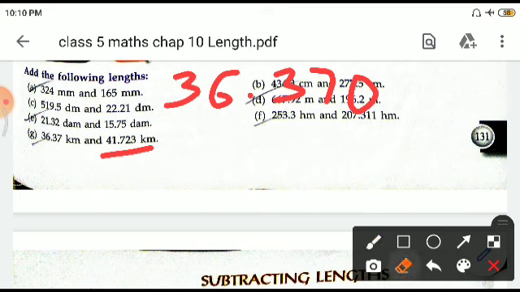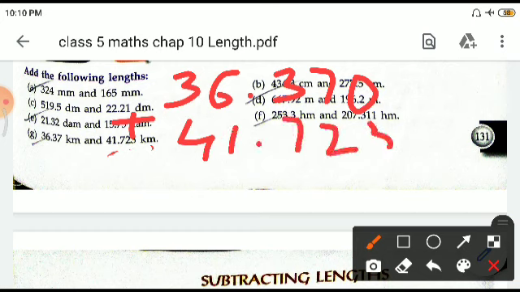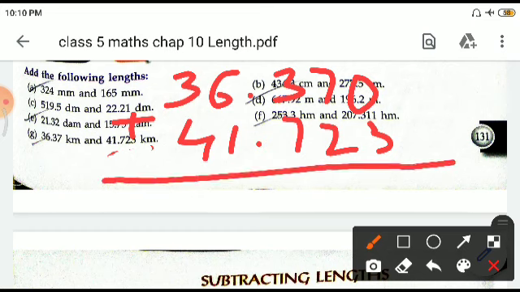And then we have to add, so I'll be putting a plus sign here to add the two, and then 41.723.